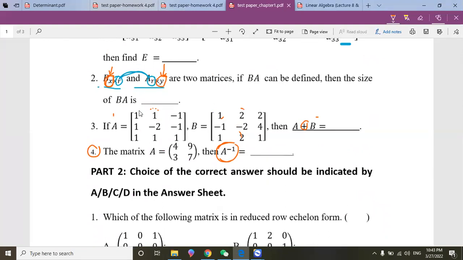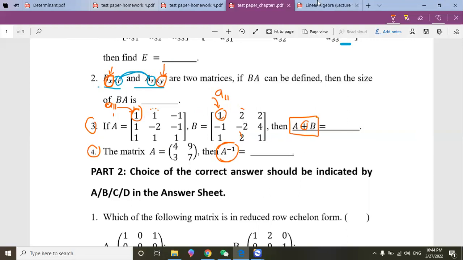Okay, let me explain this number 3 again. We are adding two matrices, right? So we just need to add the corresponding entries. For example, this is A11, this one is A11, and this one is A11. So we just need to add the corresponding entries.